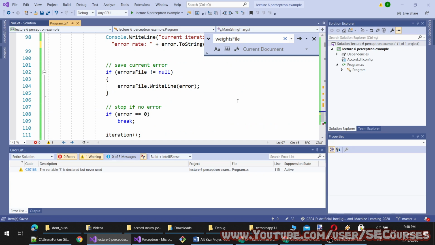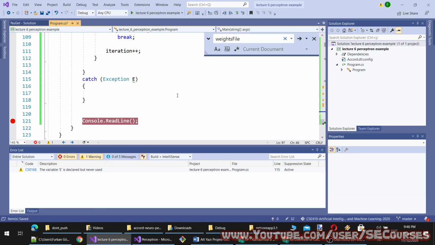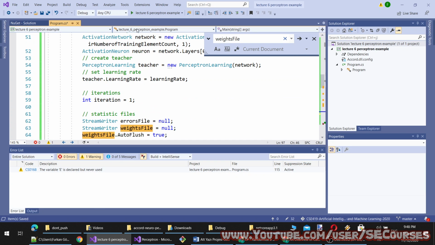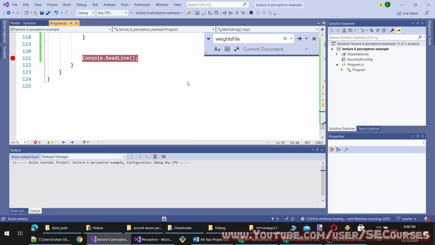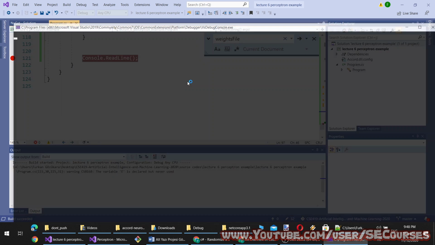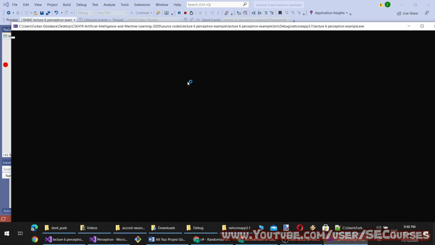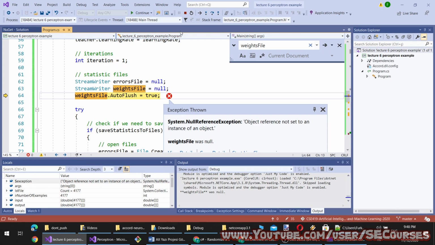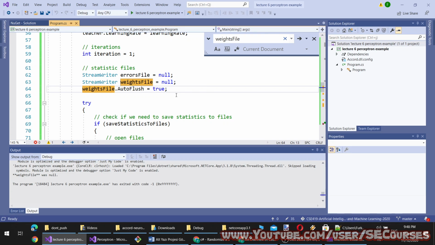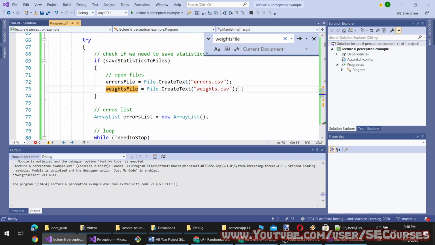Okay, so let's run the application and see what we get on the screen. Oh, it requires something, so I need to set it here.